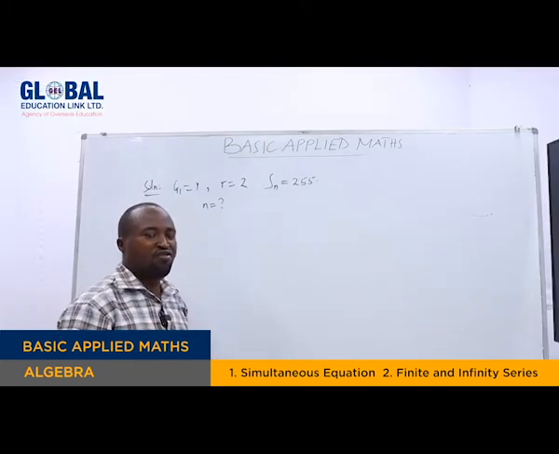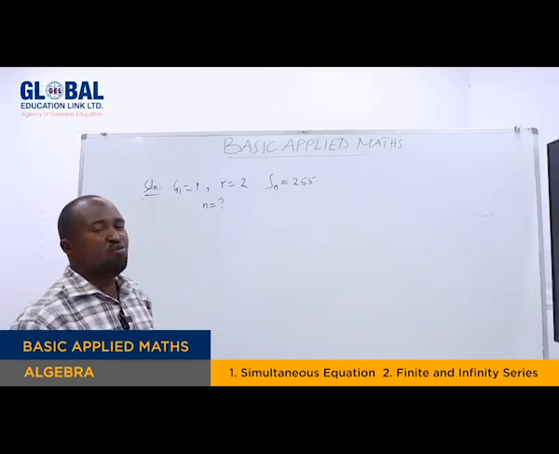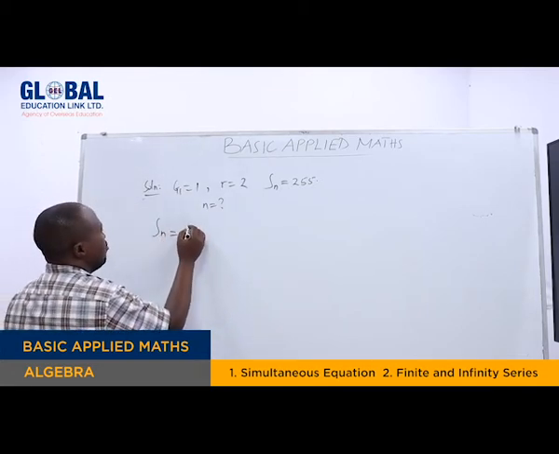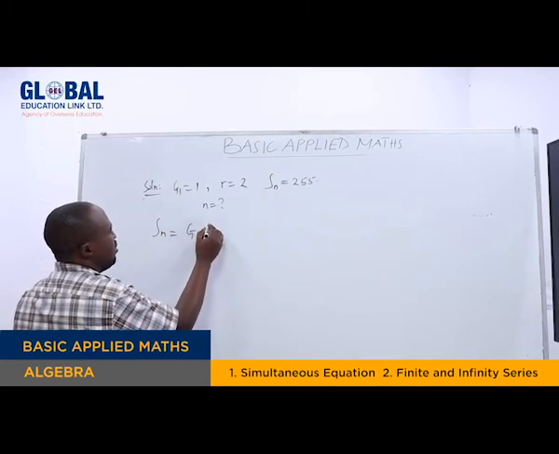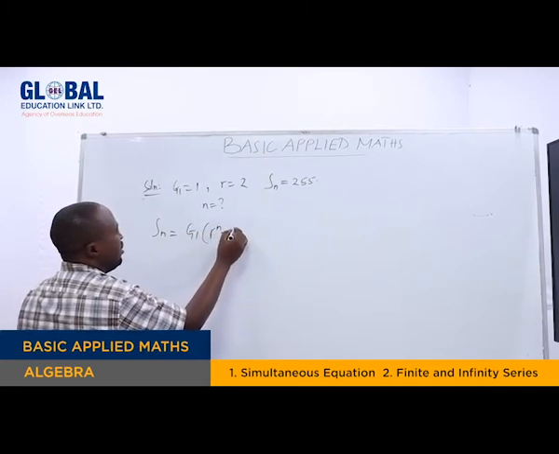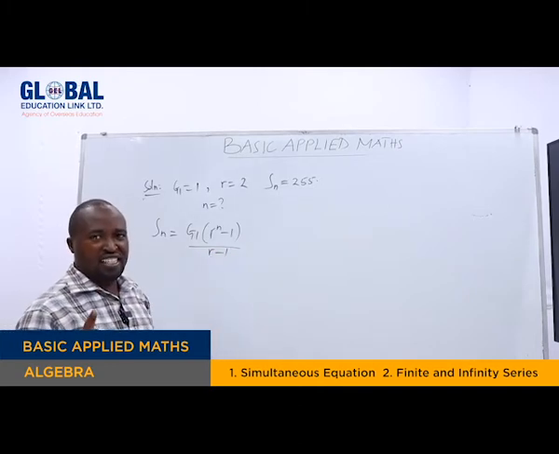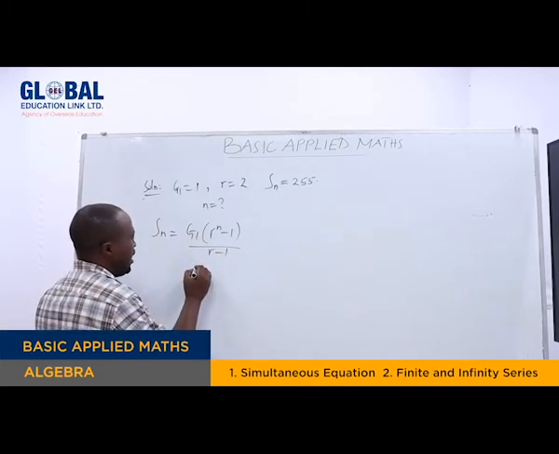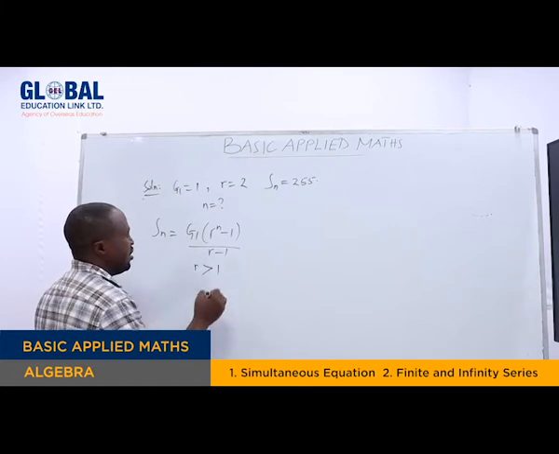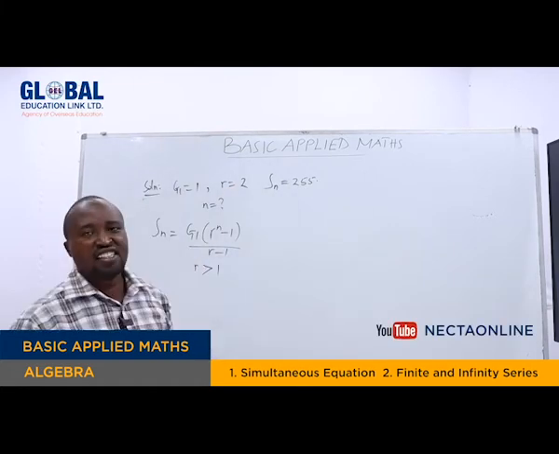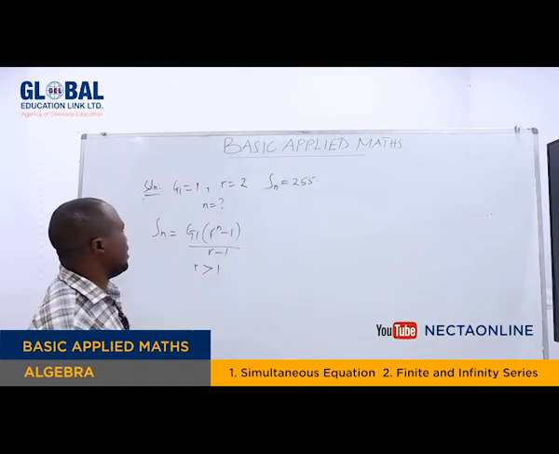Now remember the general formula for the sum of a geometric progression, which says S_N is equal to G1 times bracket R^N minus 1 over R minus 1. That is when R is greater than 1, and of course here R is greater than 1. Now let us substitute these values.